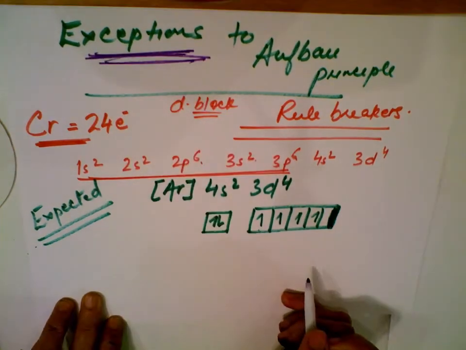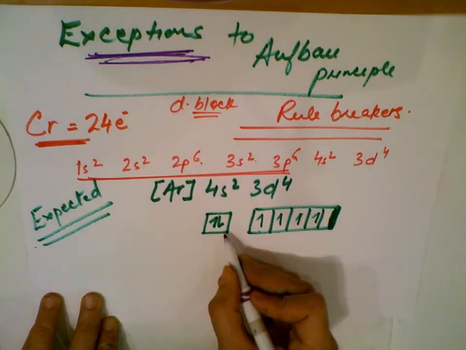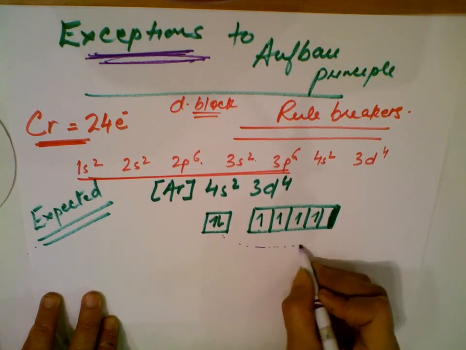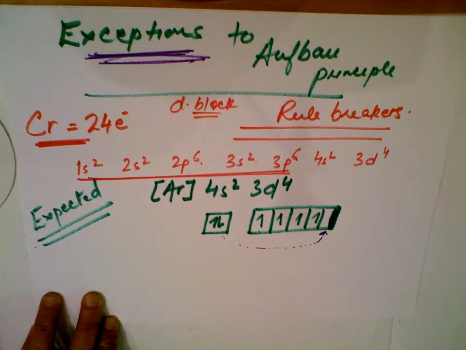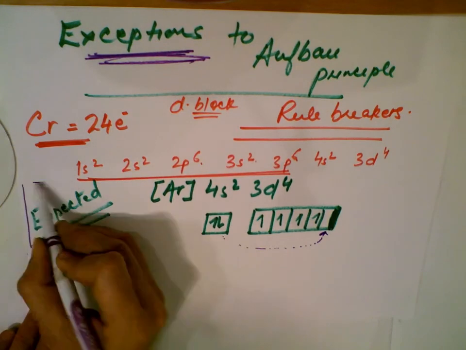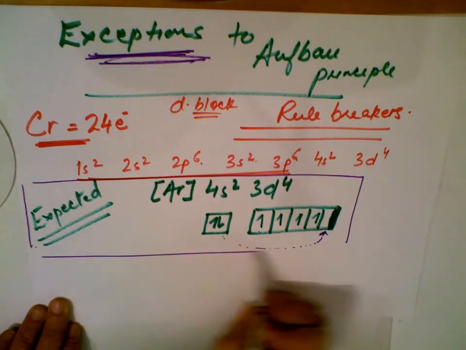So what happens here is this electron from the s orbital is actually going to move to the d orbital. And when that happens, what will happen as a result?